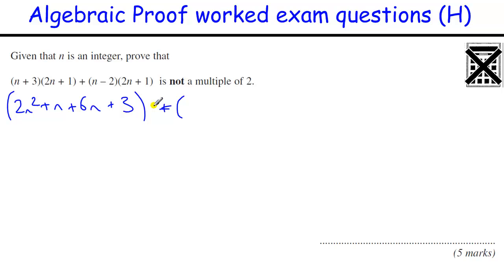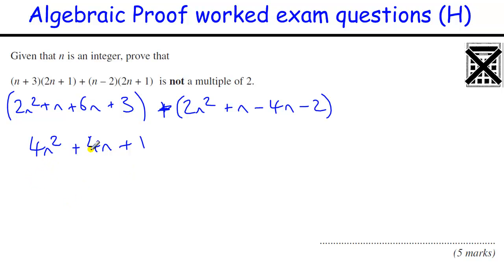Second bit, n times 2n is 2n squared, n times 1, minus 2 times n, and minus 2 times 1. So we're going to add those two together. We get 4n squared, that's 7n plus n is 8n, take away 4 is 4n, plus 3, take away 2 is plus 1.